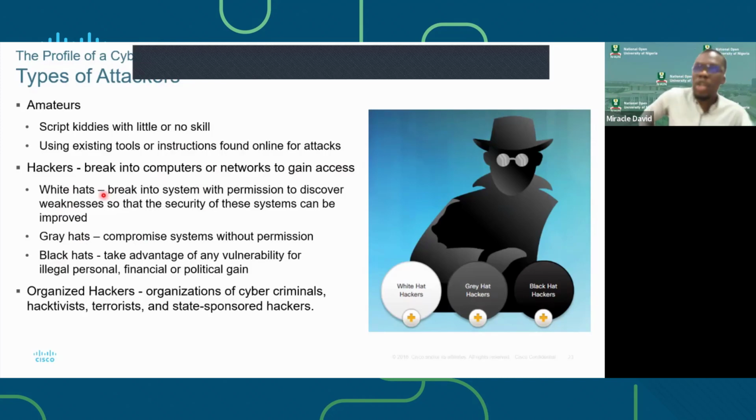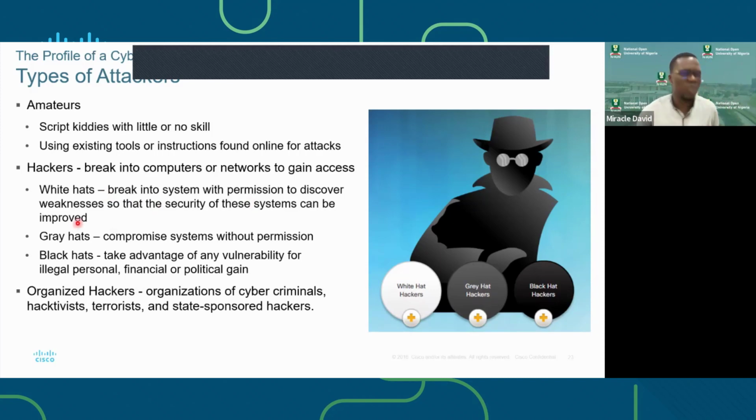They're ethical because they come to your organization and say, we want to hack into your system, and once we're able to, we'll give you the results so that you will see what to do to protect your system from the vulnerabilities found. They come with permission to discover weaknesses so that the security of these systems can be improved. Those are white hat hackers.